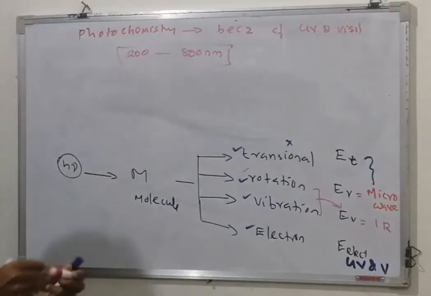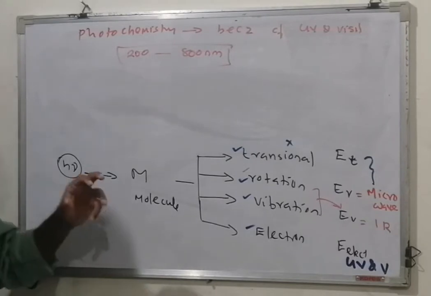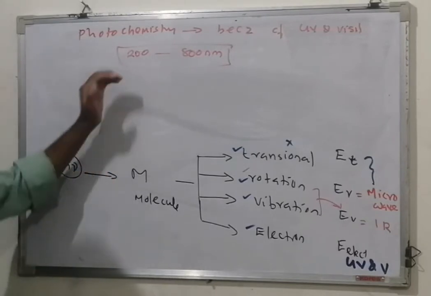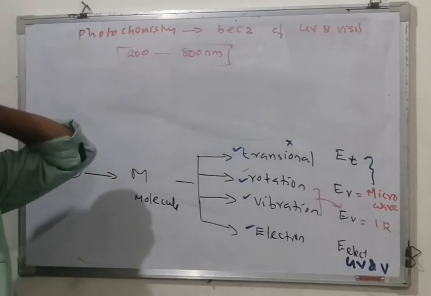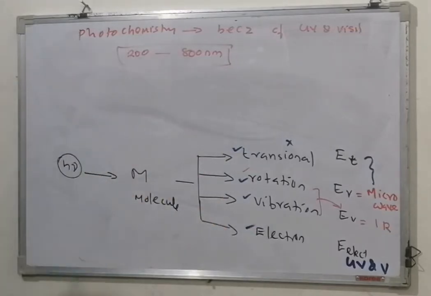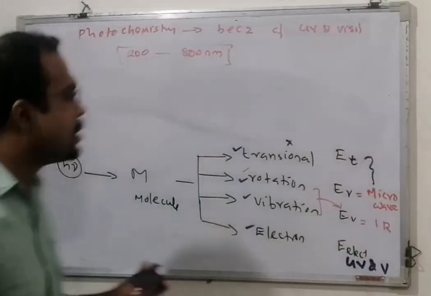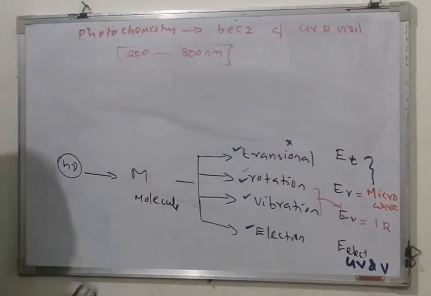So in photochemistry we are dealing with UV-visible. When you give a photon of this region, all these changes will happen. Therefore, we want to account for all these things, so it is quite complex. Electronic spectra are quite complex.